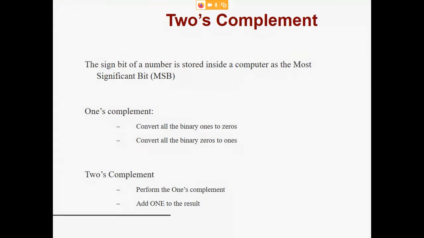Now, ones complement just takes all the ones and makes them zeros, and all the zeros and makes them 1. And that's a ones complement, but when you try to do that, the circuitry still gets complicated. But somebody figured out, I'm not sure who we give credit for this, that if we do a twos complement, we can simply add 2 binary numbers and ignore any carry, and we're done.